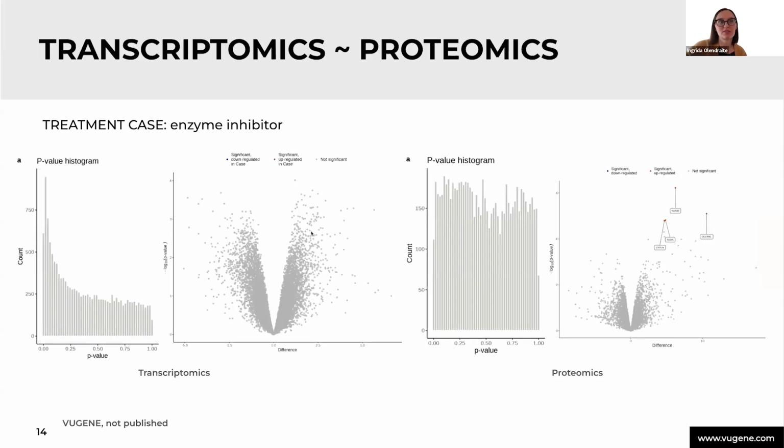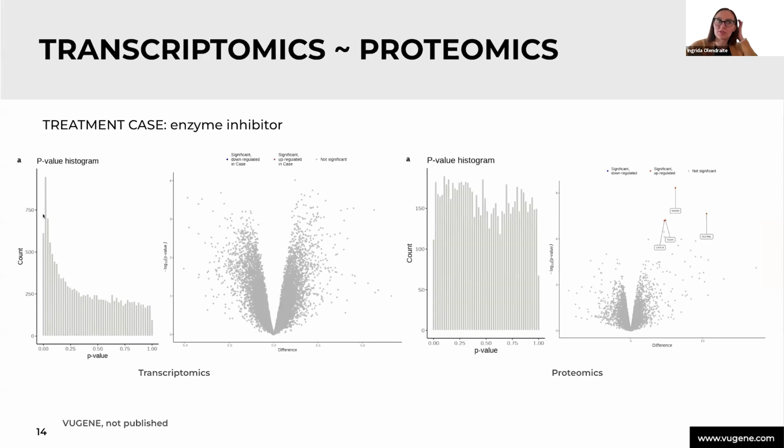So here it's from the same study where we also did transcriptomics and proteomics. In transcriptomics, on the left, we do these p-value histograms where you can clearly see that there is some kind of effect, but basically in this case, heterogeneity was too big to make it statistically significant.